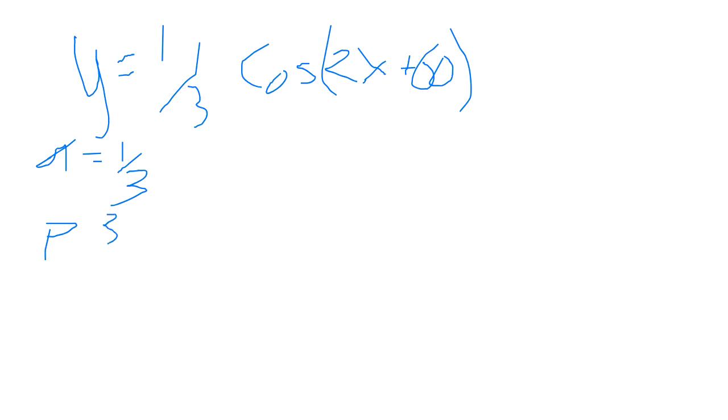So it will be 360 over 2, because there is 2 here, which will give us 180. Now your step is going to be 180 over 4, which will be 45.